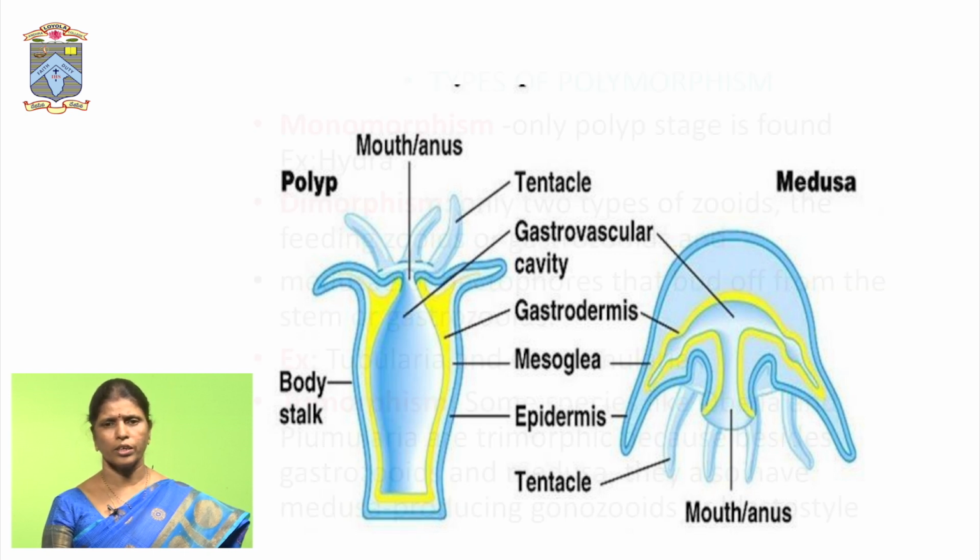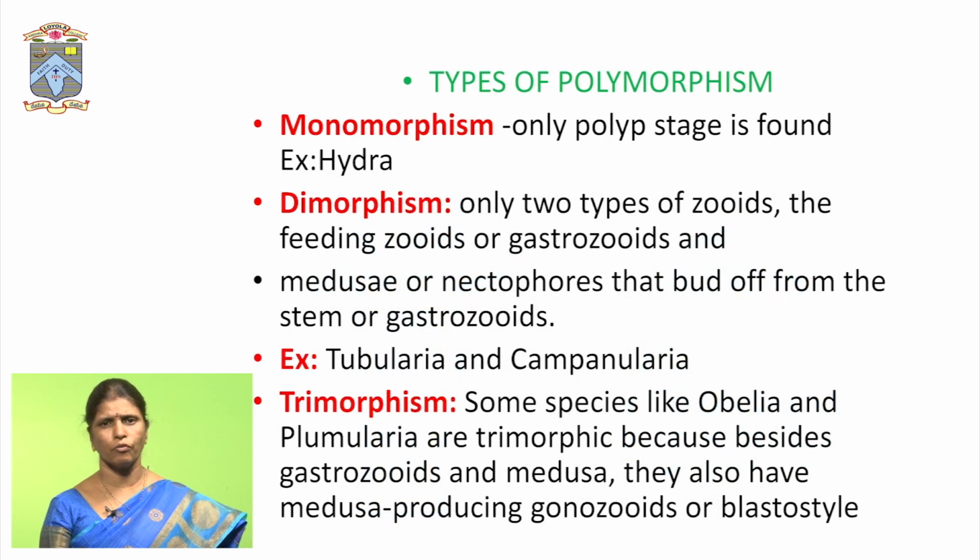Now, let us see the types of forms. Forms may be monomorphic, dimorphic or trimorphic. If the animal exists in only one form, that is called monomorphism, and such an animal is called a monomorphic animal, meaning either the polyp stage or the medusa stage is usually present.